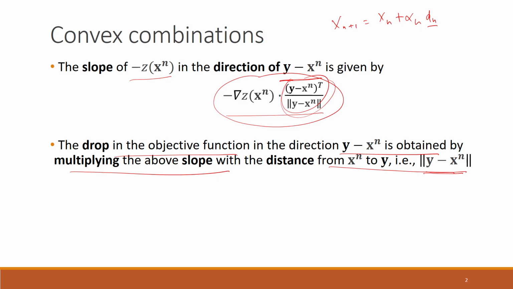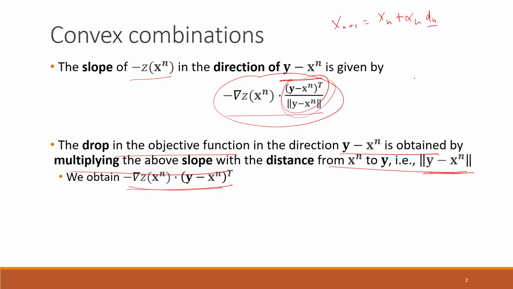Multiplying, we get minus gradient z at xn dot y minus xn transpose. This tells how much drop in the objective function value happens if you move along the direction y minus xn.